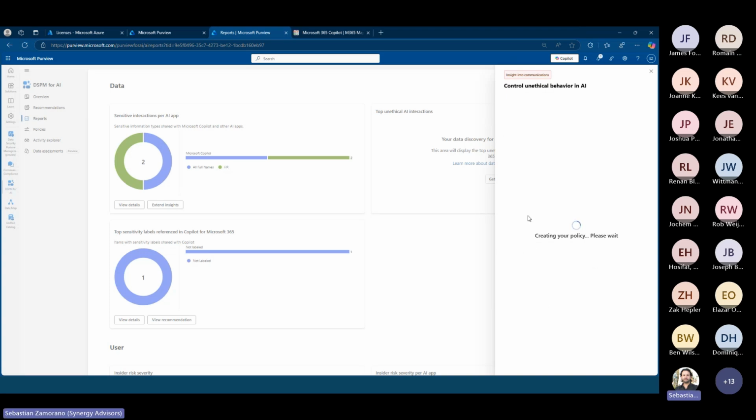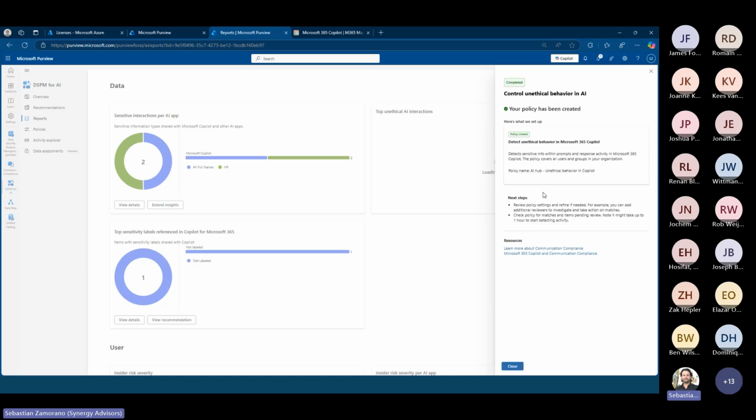At least in my experience, almost all the policies that you start creating here can take around 24 hours to 48 hours to be applied.